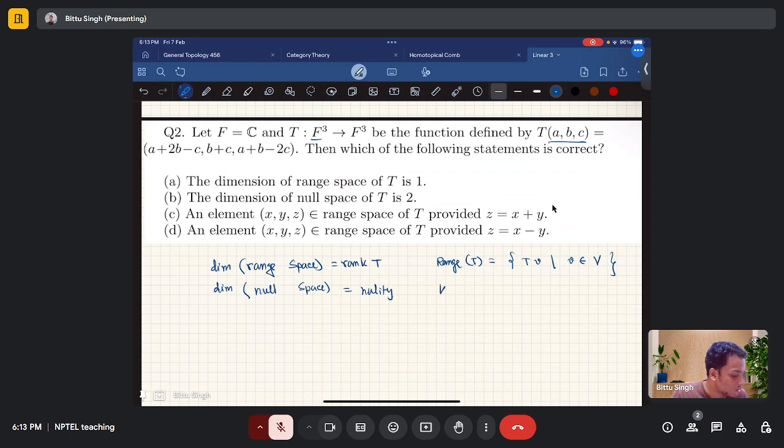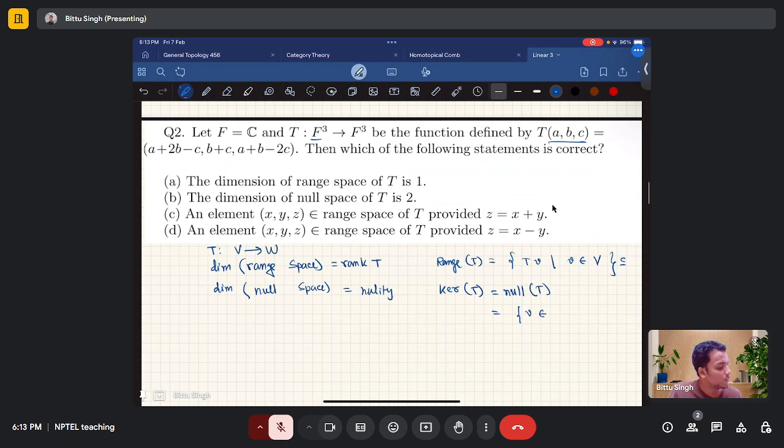And kernel T, alternatively denoted as null space of T, is the set of all V such that T of V equals 0. T is a map from V to W, this linear transformation we are considering.